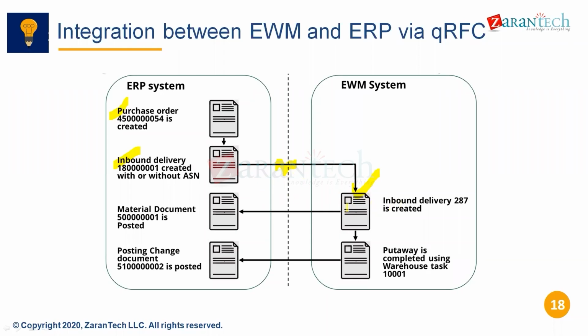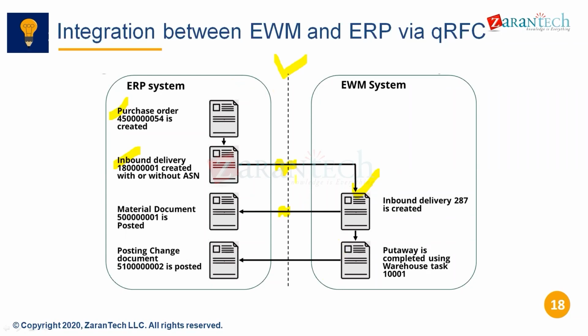So the inbound delivery is created, and as soon as it is saved and we post a goods receipt, a material document is posted in EWM, which will then update the ERP system. So again, a message goes from EWM to ERP. These are the same process steps even in S4HANA and decentralized; the message goes from ERP to EWM. In S4HANA, both ERP and EWM are in the same instance.